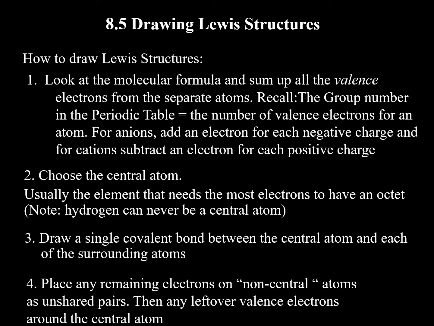So to draw a Lewis structure, I think we've touched on most of it already. The first thing is you need to figure out the total valence electrons, and what we need in front of us is a periodic table.